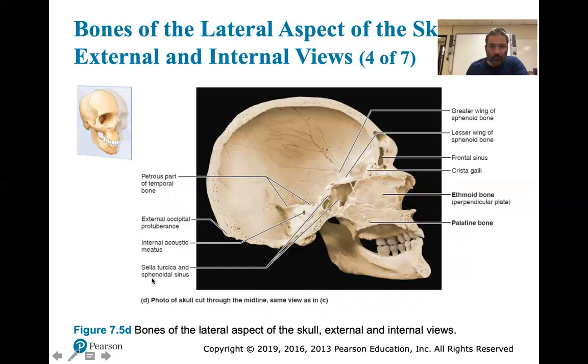Sella turcica is on the sphenoid. Sella turcica means Turkish saddle, and there's a very, very important endocrine organ sitting in there. If you do a radiograph or an x-ray and that's diminished or not there, you have something called empty saddle syndrome. Actually, I'll tell you right now, the pituitary gland sits in there.